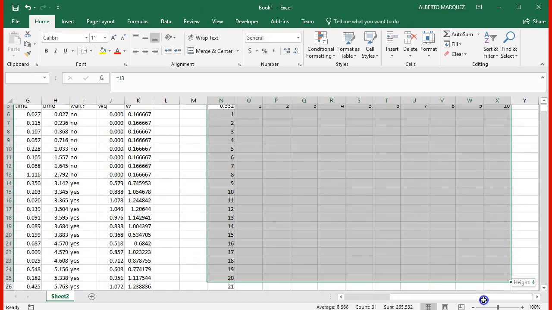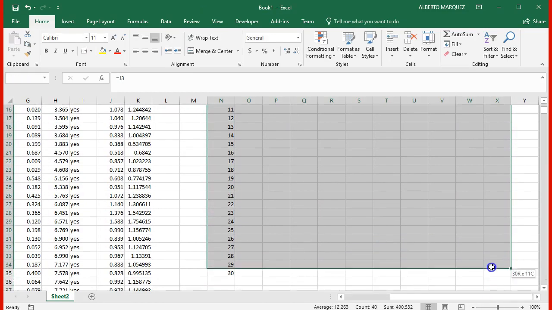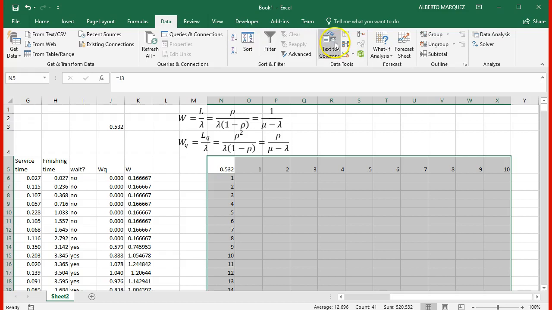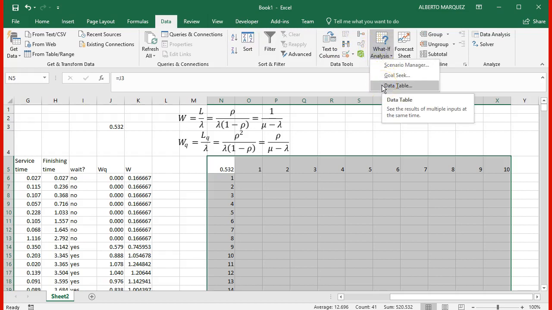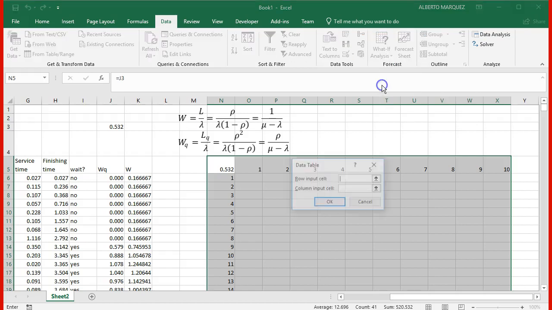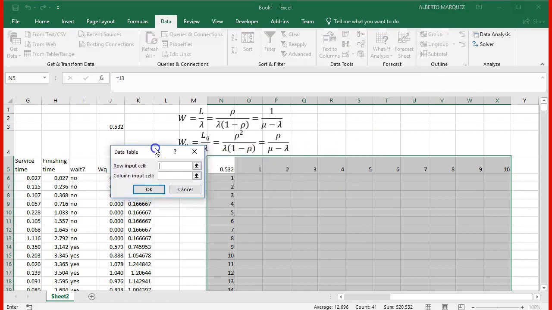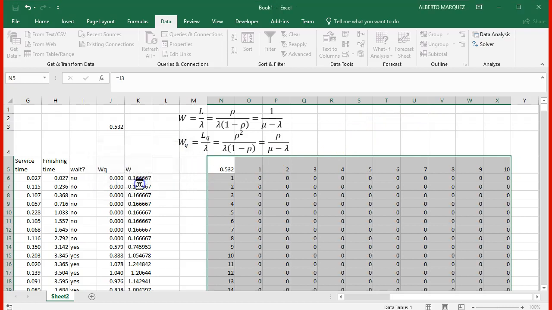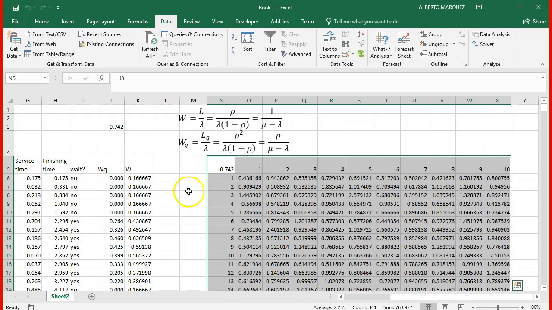What we do is we select these 300 cells, and we will generate 300 instances of this simulation by doing data, what-if analysis, data table. This is not what it was originally intended for. However, it works very nicely by selecting a couple of empty cells, and then we hit OK.